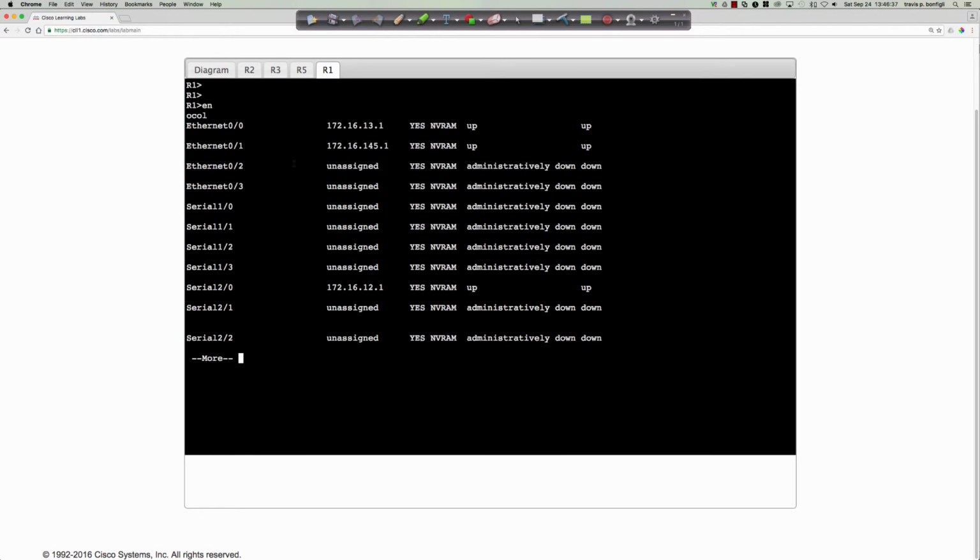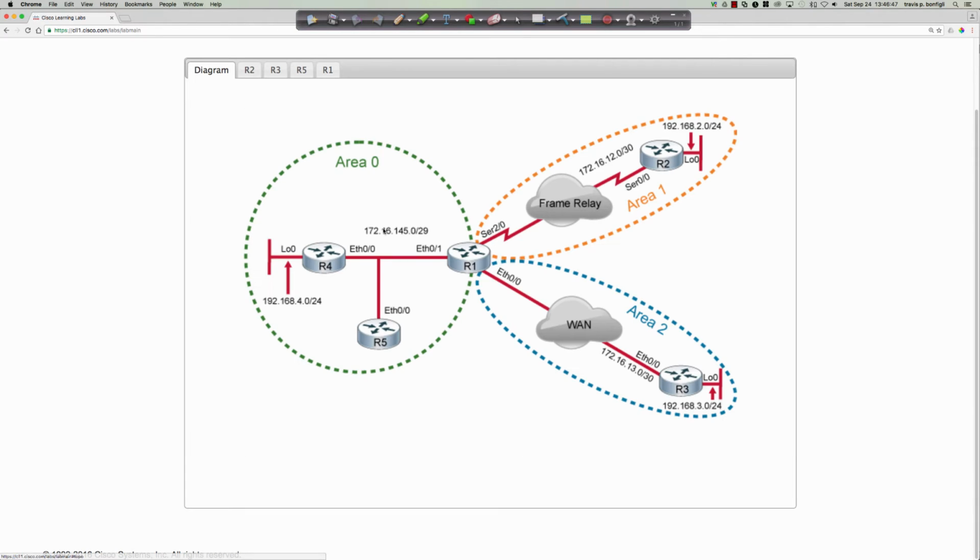172.16.145.1. If I come over here to router 1 and say show IP interface brief, that just happens to be the Ethernet 01 interface on router 1. So router 5 has no clue about where that route or where that prefix came from.